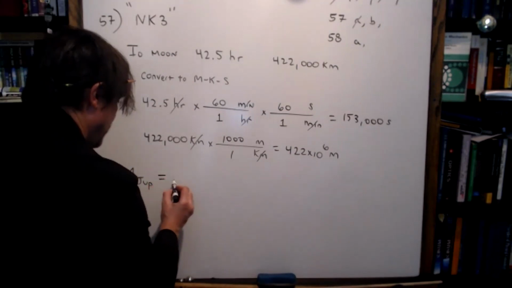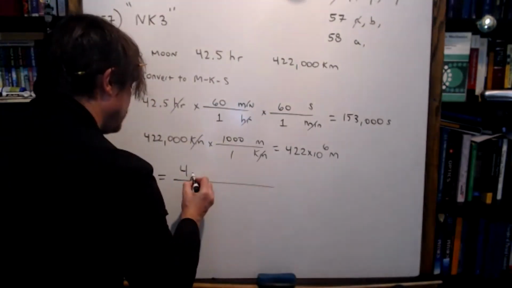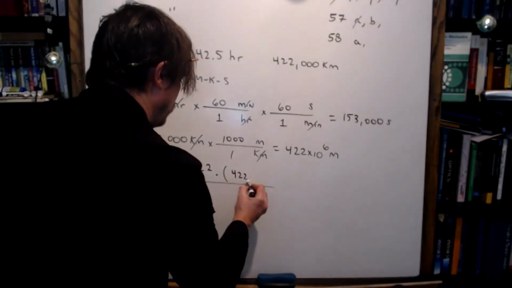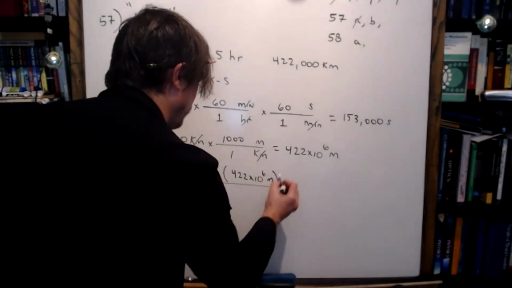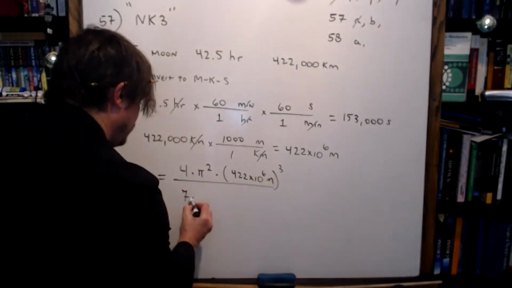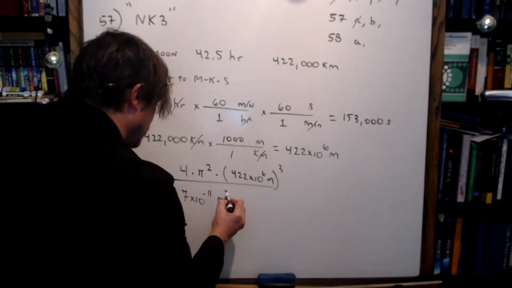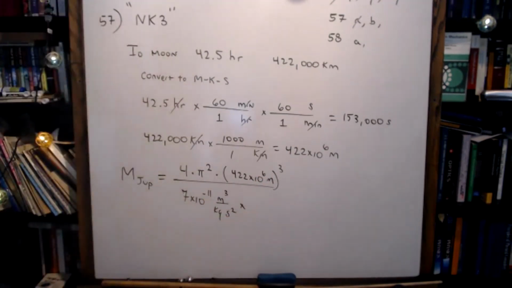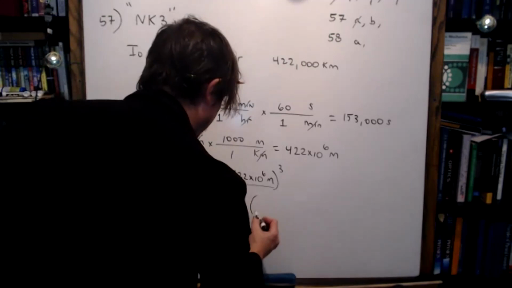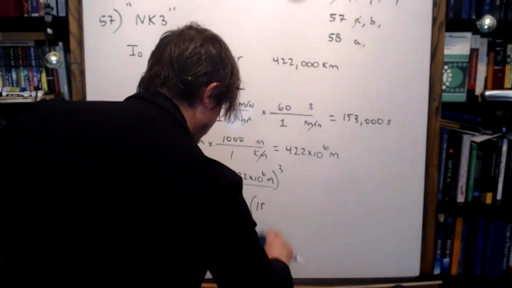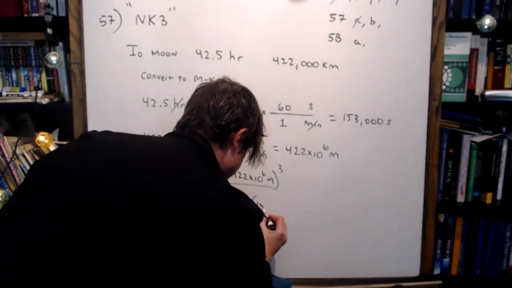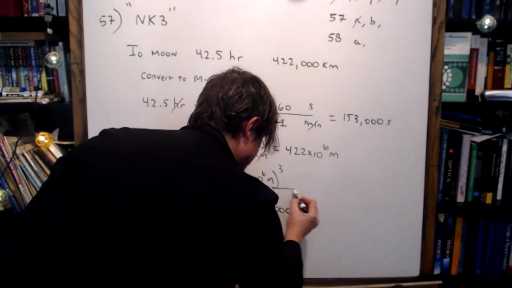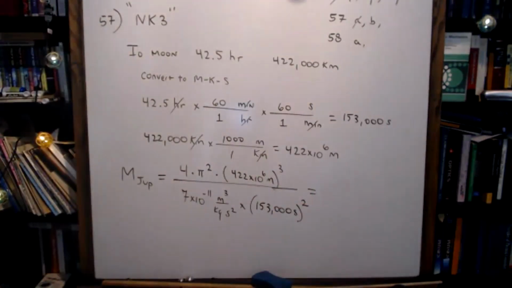So the mass of Jupiter is basically equal to 4 times pi squared times 422 million meters cubed divided by big G, 6.67 times 10 to the minus 11 meters cubed per kilogram per second squared, times 153,000 seconds squared. Okay, students, punch them up.